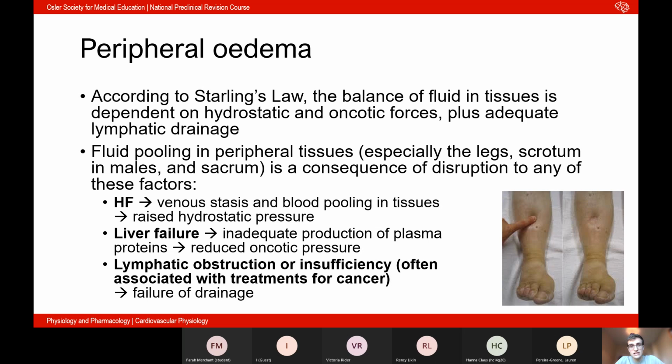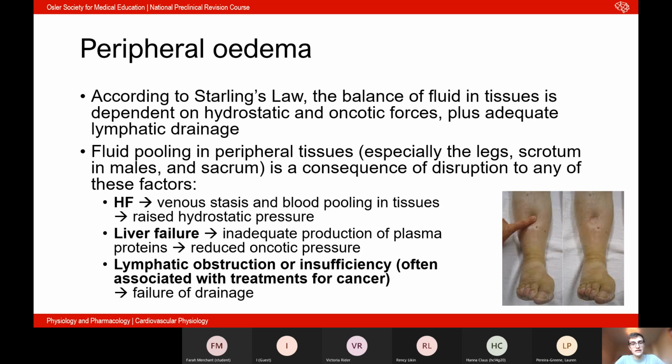So what can cause this? If you have heart failure, you're going to have loss of your circulation, and fluid will pool and accumulate in your capillaries and in your venous system. That in effect increases your hydrostatic pressure so that more water will sit out in the tissue.